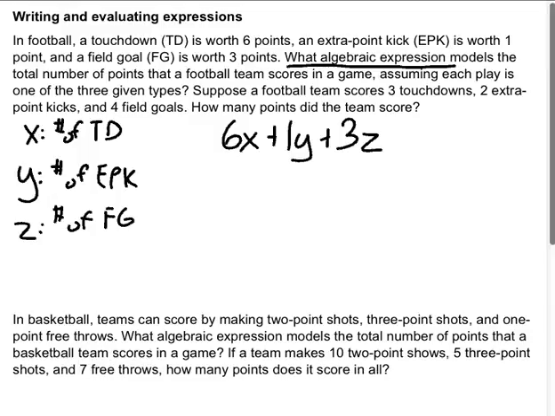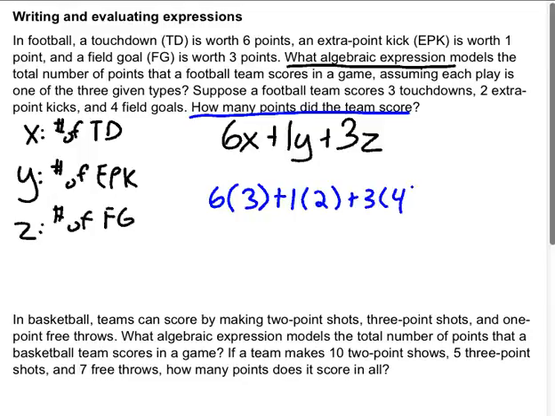Now they say, suppose a team scores 3 touchdowns, 2 extra point kicks, and 4 field goals. So now the secondary question is, how many points did this team score in that situation? All right. So now we're going to look to see, assuming that they got 3 touchdowns, 2 of the extra kicks, and 4 field goals, how many points did this team score?